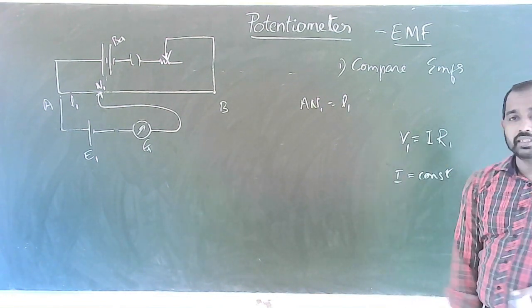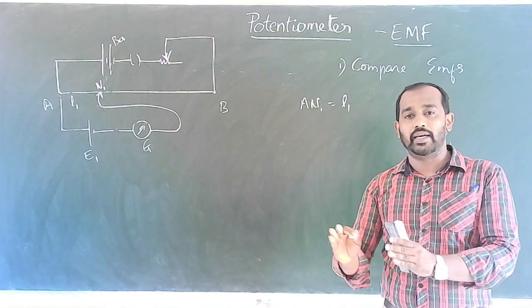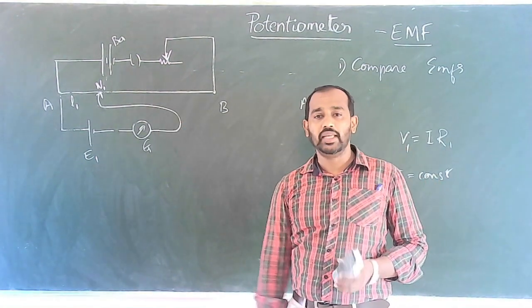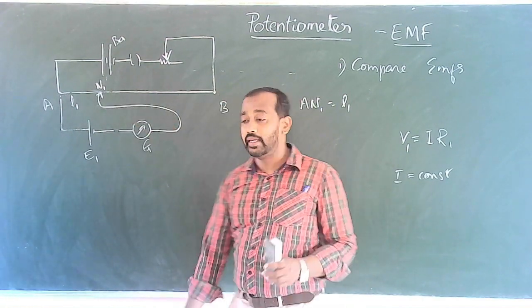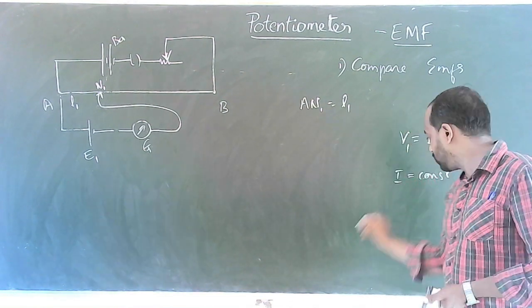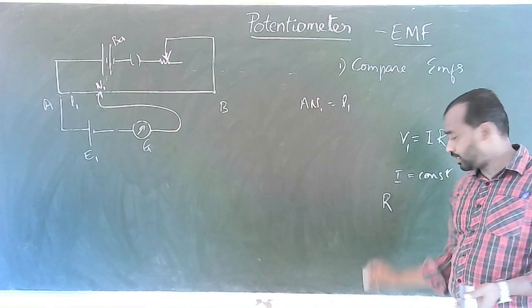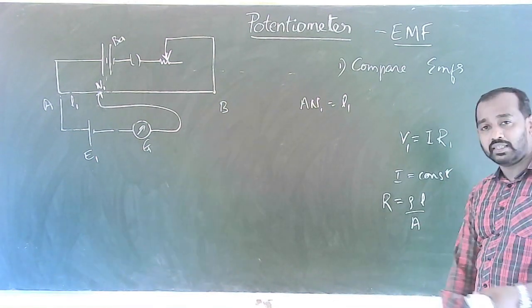And this resistance is the resistance of a uniform wire whose length will be equal to L1 only. So that means throughout the length of the potentiometer wire, area of cross section and resistivity are going to be constant. We know the general expression for resistance: R equals rho into L divided by area of cross section.